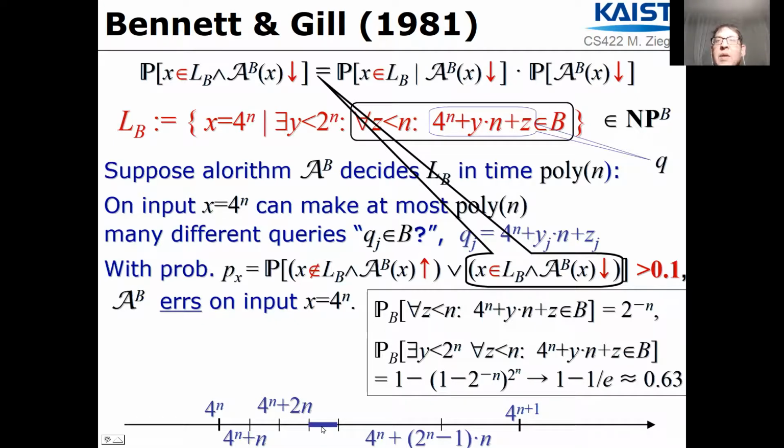So the algorithm is supposed to reject, that's a conditional probability, and it rejects after having looked only at polynomially many of these exponentially many subintervals. And so there's a high probability, no, it's definitely true for large enough n, since polynomial grows smaller than exponential. For large enough n, the algorithm will definitely have missed some of these subintervals.